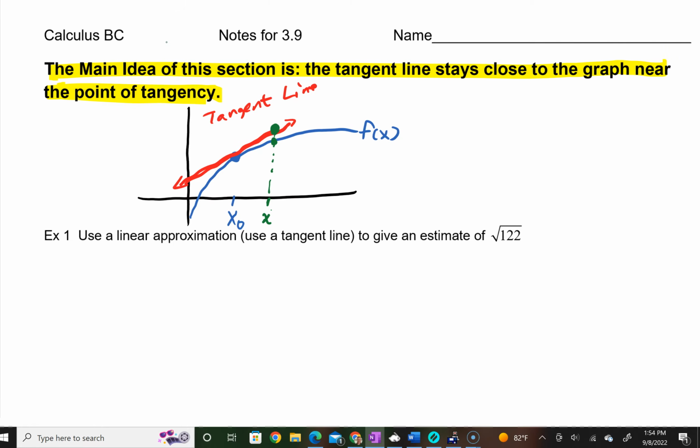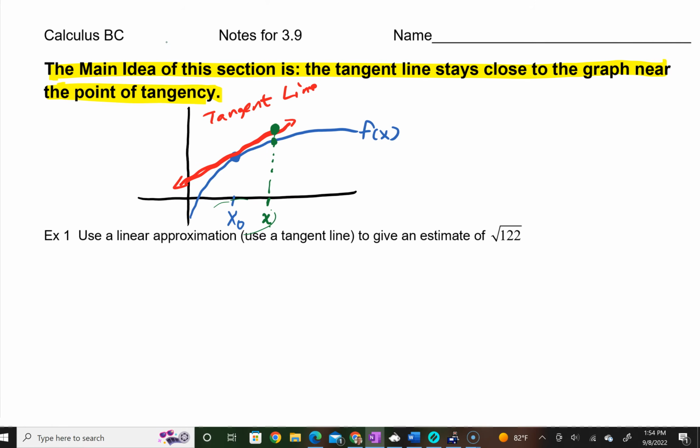So the function value would be very close to the tangent line value at x, as long as we are close with our estimate to the point of tangency. As long as where we are estimating is close to an initial point of tangency.